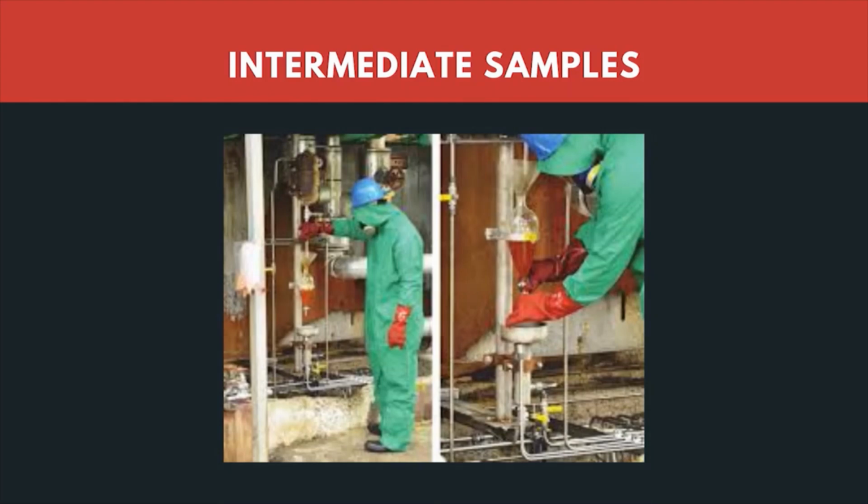Instead of waiting for the tank to get full and sending the sample to the lab, what if we send samples from the refinery at a specified interval? These samples are known as intermediate samples. For example, the kerosene or diesel or gasoline from the process unit is sent once in a shift to the laboratory to know whether the process control is appropriate inside the plant.